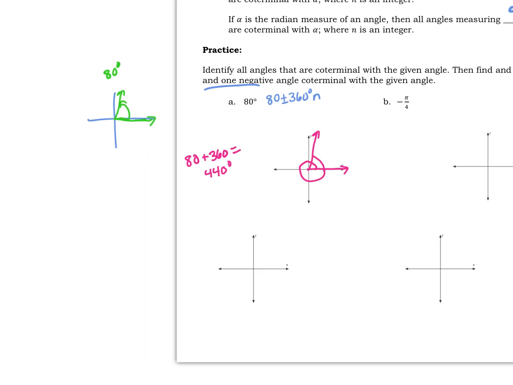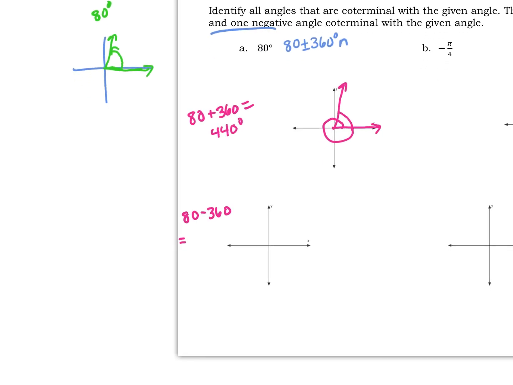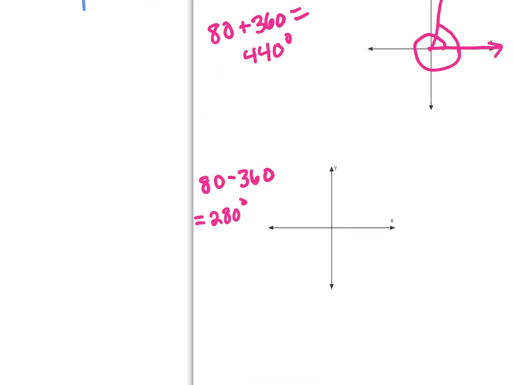And then the second one means if we need a negative angle, then we're going to subtract 360. So if we do 80 minus 360 degrees, how much does that give us? Okay, so negative 280 degrees is also equivalent. It means the same thing. Yikes, my negative sign's not showing. So let me make that a different color just so we make sure we got it.